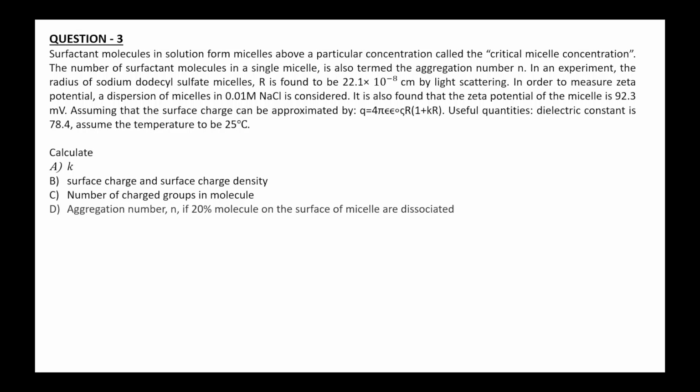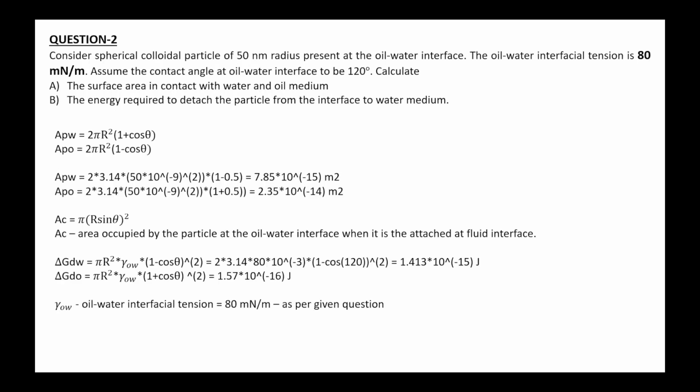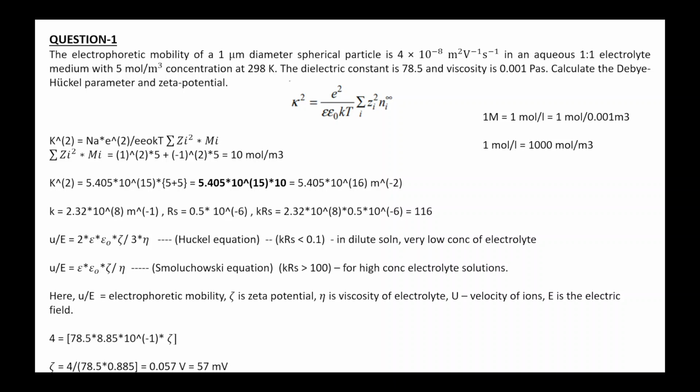Please keep this in mind: since the concentration here is given in molar, which is moles per liter, you need to multiply this expression with Na, your Avogadro number, times 1000.